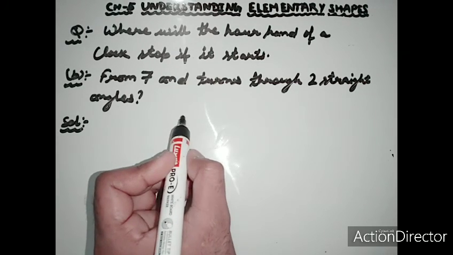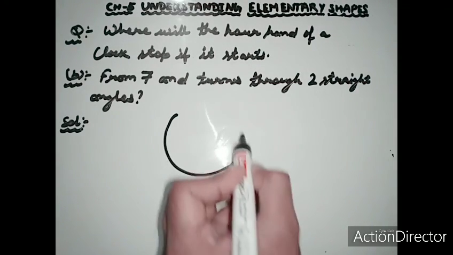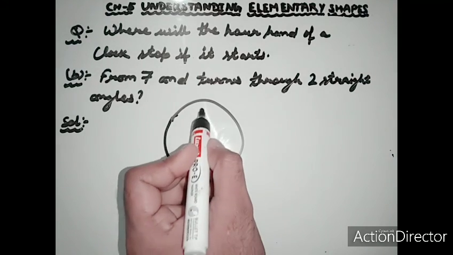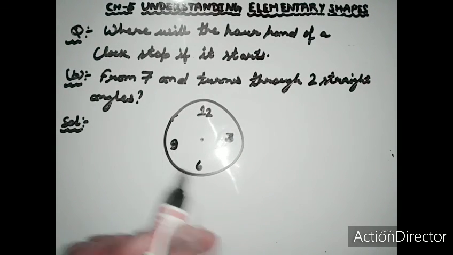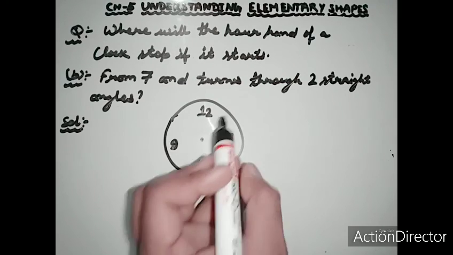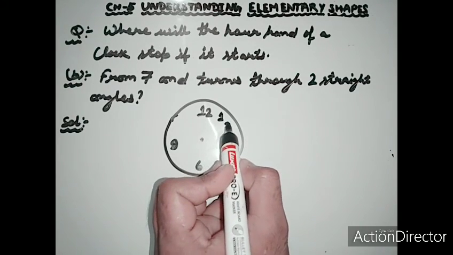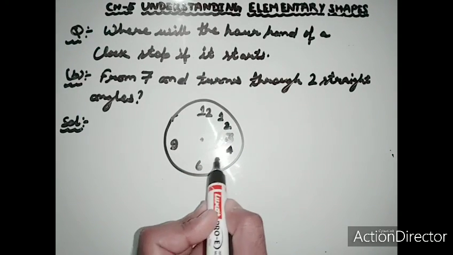So now here first we draw a clock here, and here 12, 3, 6, 9. Now here we write the other numbers also, and other hours also.